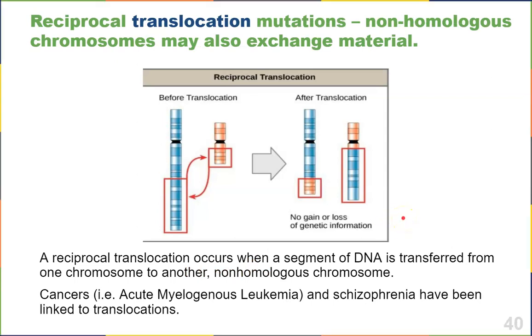And then we can also have a reciprocal translocation, where on two different chromosomes, part of a chromosome can be lopped off and attach to another chromosome where it's not supposed to be. Cancers can be caused by this, and schizophrenia has been linked to translocations.